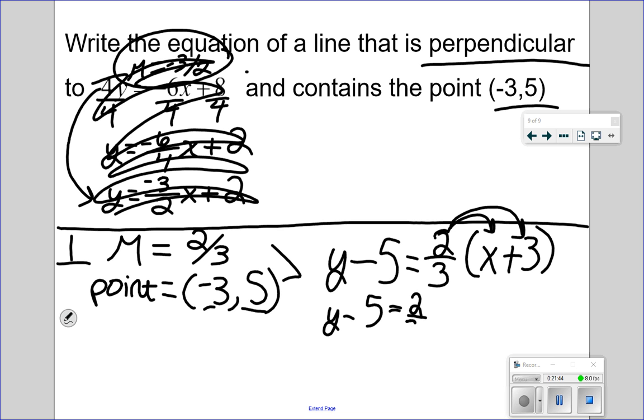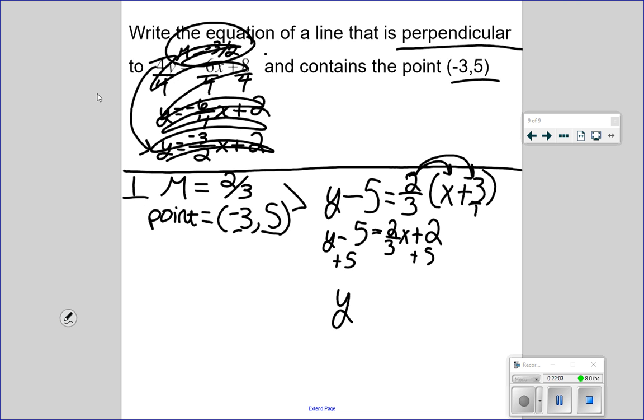So we'll have 2/3 x plus 2/3 times 3, which is just 2. If you need to do that off to the side, you can, but those 3's cancel when you do 2/3 times 3/1. Add 5 to get y completely by itself again. Plus 7. That's the equation of my line.